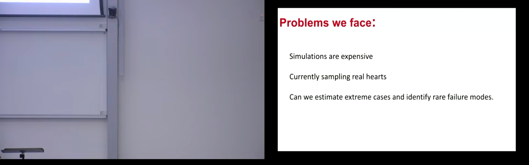Currently we're only sampling real hearts, and so one of our questions is whether there is a way that we can synthesize hearts that might augment this to find more extreme values. Can we find better edge cases? How would we do that? How would we confirm that? And can we identify rare events or rare failure modes that weren't necessarily represented in the original data set? So these are maybe not Gaussian process questions, but questions that we have and are currently exploring.